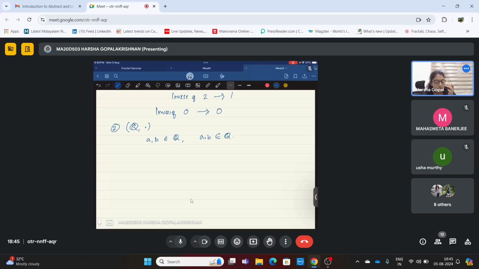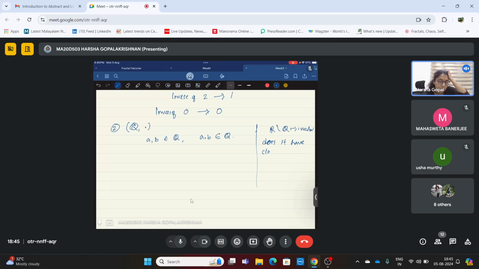Before proceeding further, let me take R minus Q, that means irrational numbers. Does it have the closure property? I am just asking the question. I said that if A and B are rational numbers, A dot B is also a rational number.